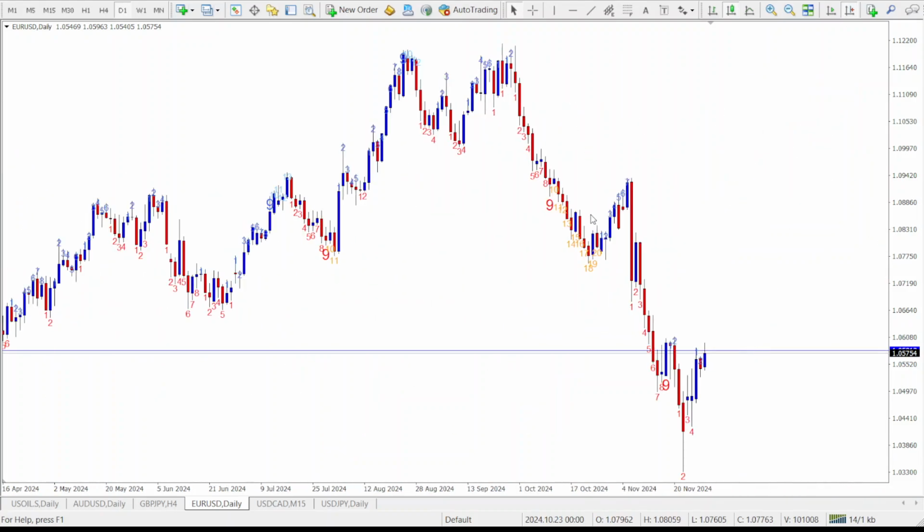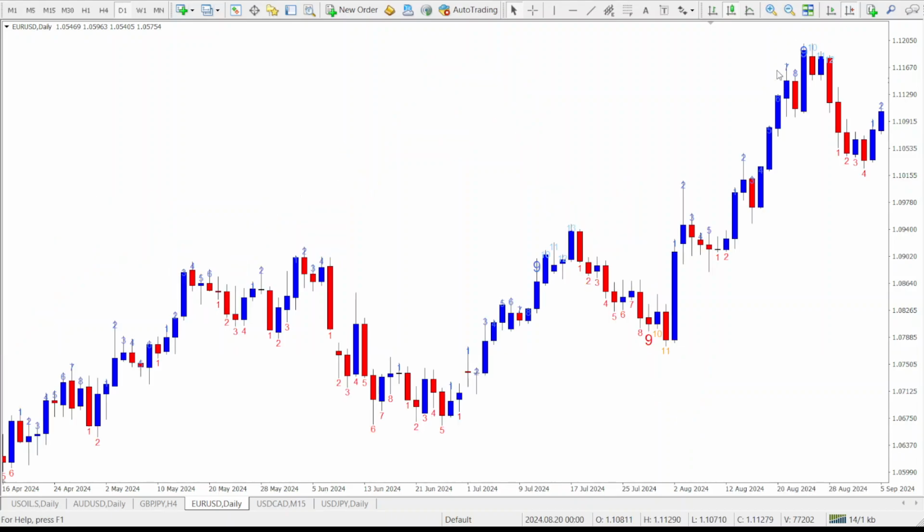It's quite an interesting indicator that is based on Tom DeMark's renowned technical analysis method. This indicator actually tries to simplify the complex process of identifying changes in momentum.